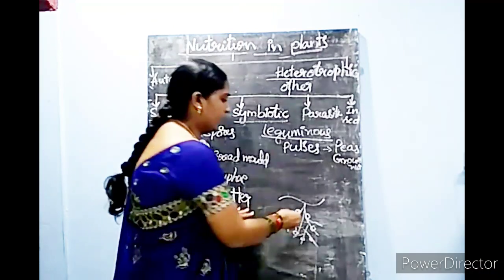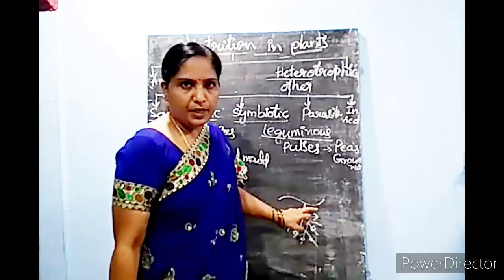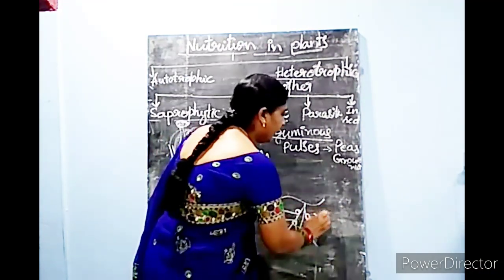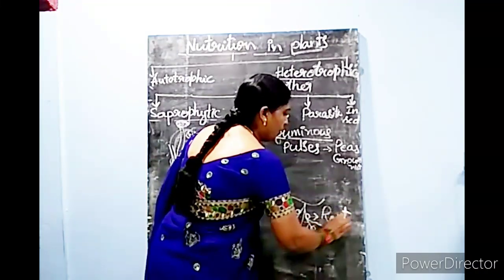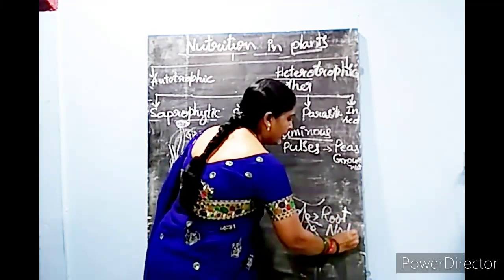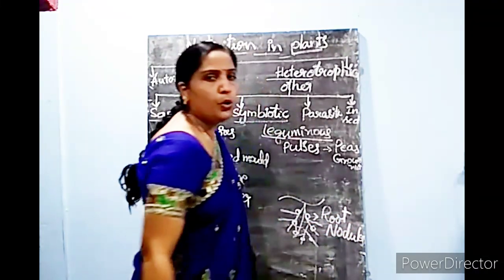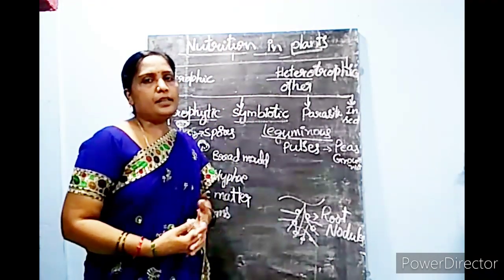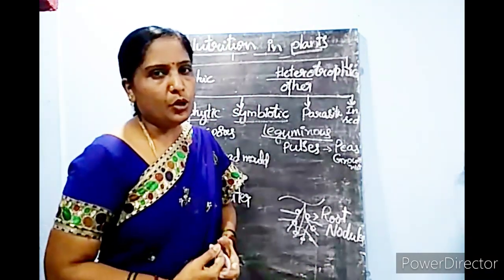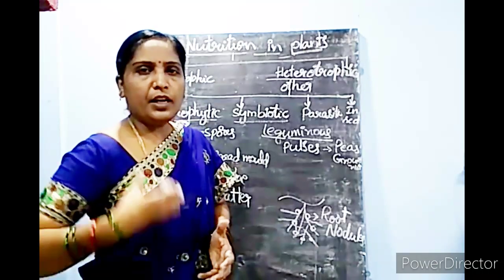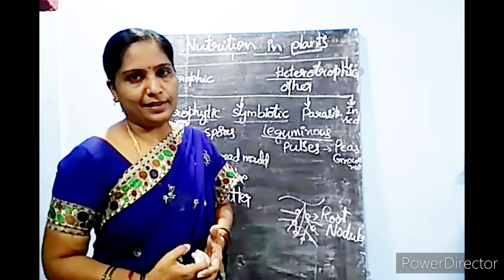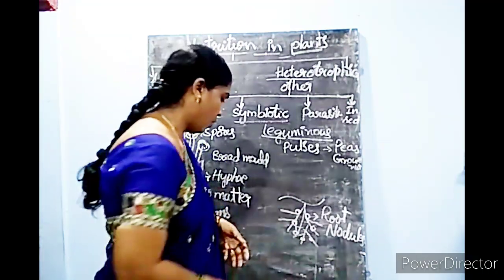A white color swollen part can be seen. These are nothing but root nodules. So what is there inside this root nodule? In what way is it helping the plants? Pulses plants, we will see now.